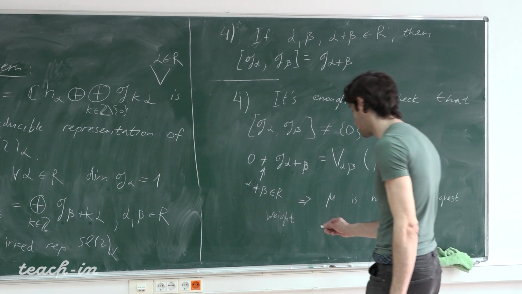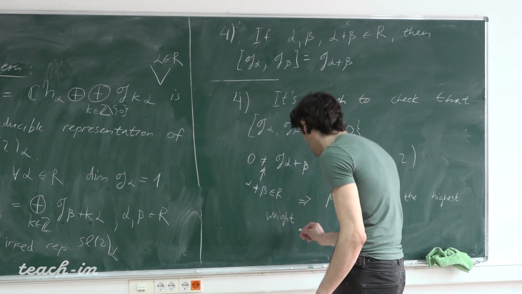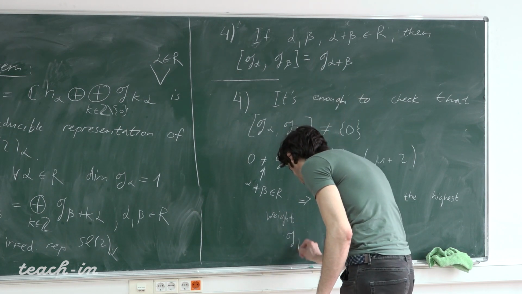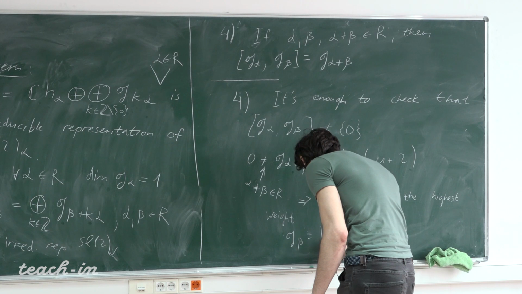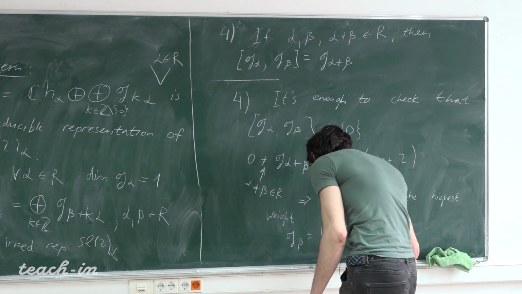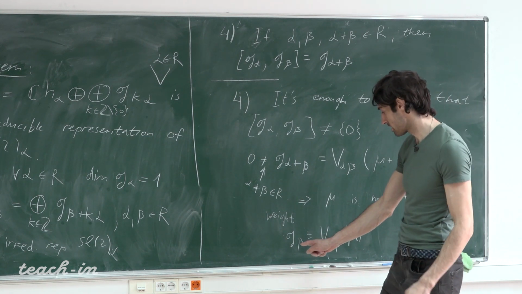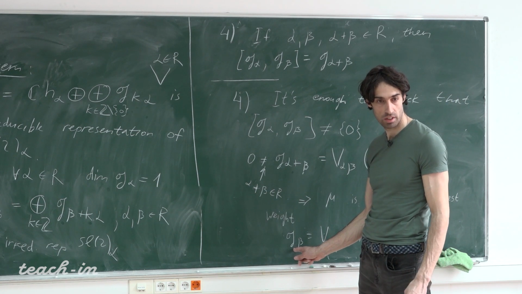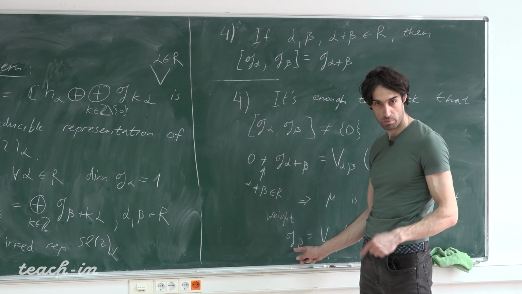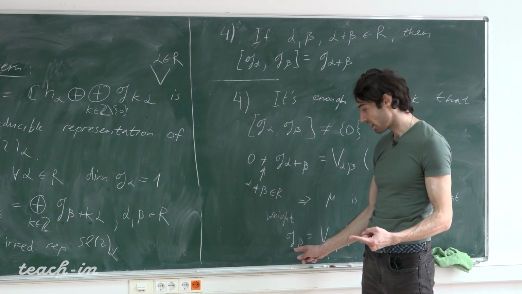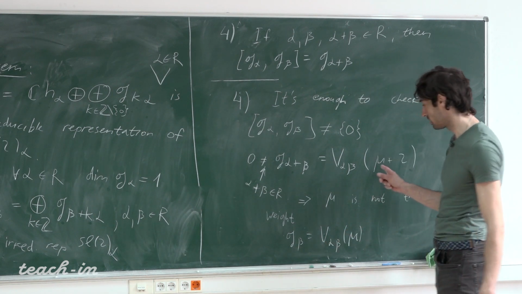Right, so if I take G beta, again, G beta is exactly V alpha beta of mu, right? So since mu is not the highest weight, it means that if I take something non-zero from here, act by E, I will get something non-zero in here.